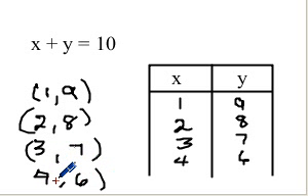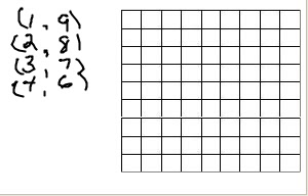Now once we have our ordered pairs, it becomes very easy to graph this whole equation and to graph these ordered pairs. So now we're going to see how these ordered pairs are going to look on this graph. So we're going to just start by graphing them. And this graph here is called a coordinate plane.